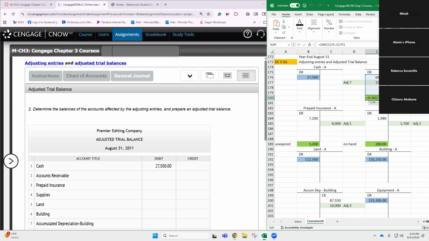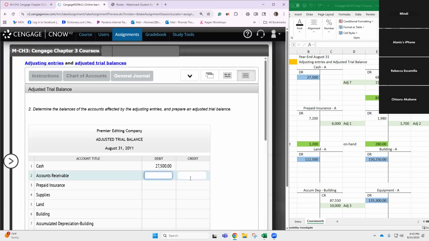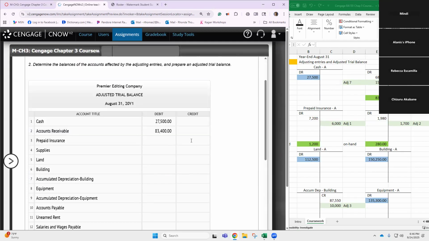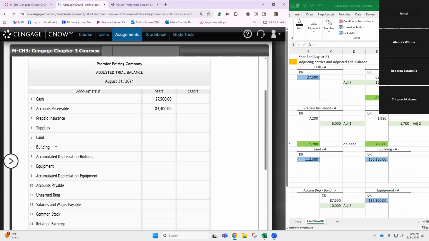Okay, and I think I do. So what's the new balance in accounts receivable? 83,400. You have to make sure you're on the normal balance side. What are all these? These are all assets, and they're all going to be on the debit side, except for these contra assets are going to be on the credit side. So watch it.